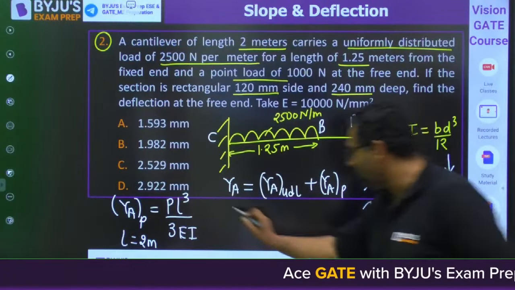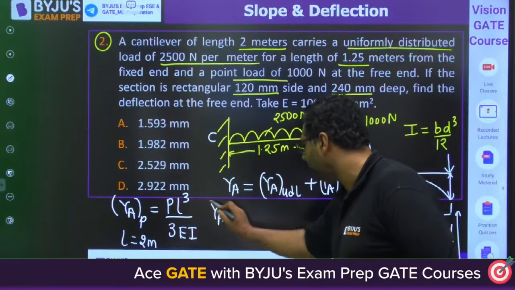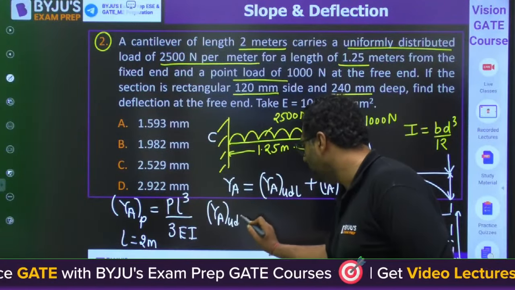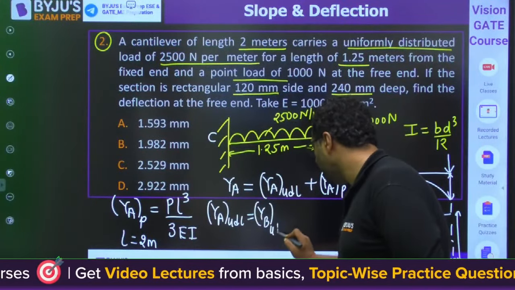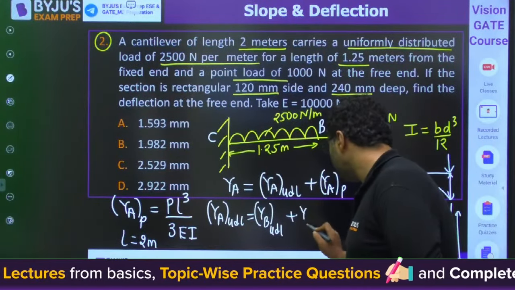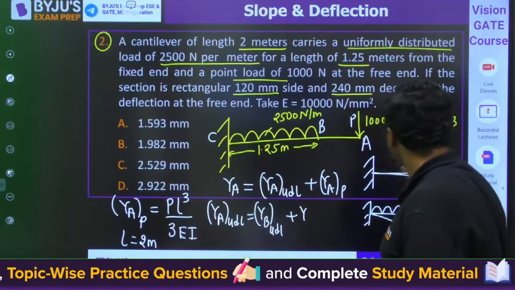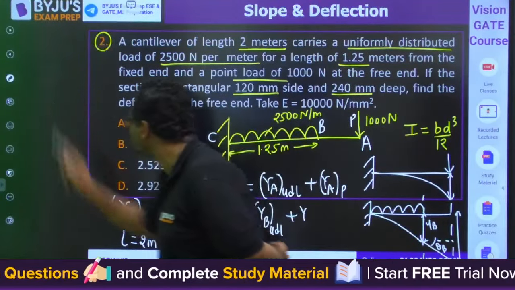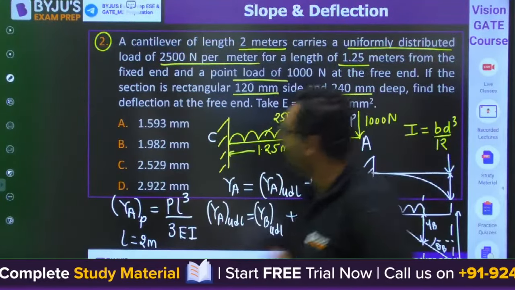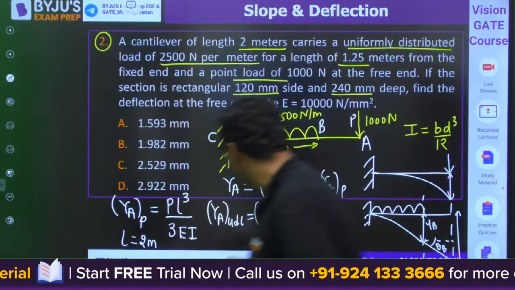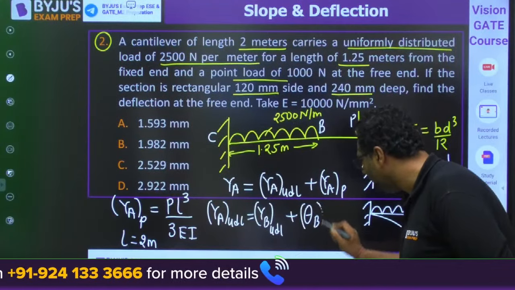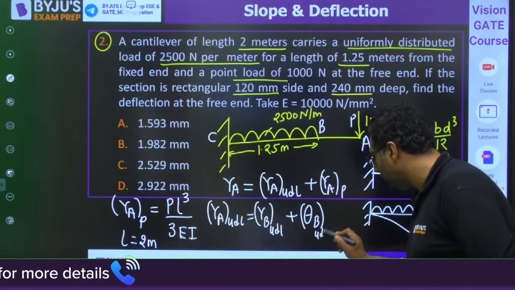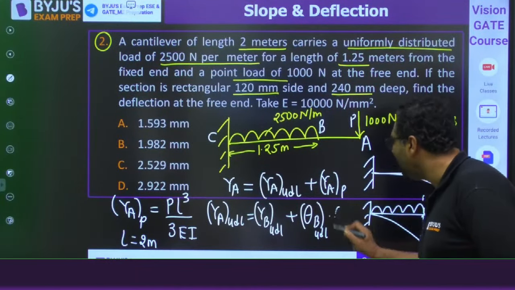So once again, you will write deflection at A because of UDL is deflection at B because of UDL plus theta of B because of UDL into AB. I am writing the formula. Those who know, they can try. Those who don't know, they can follow me.